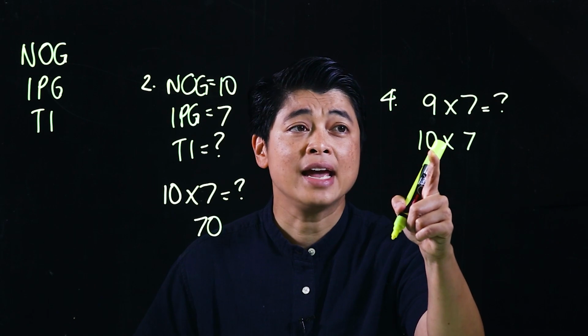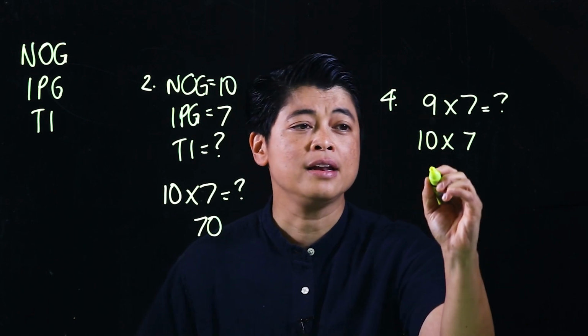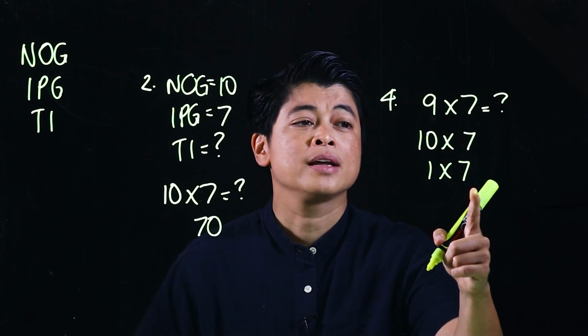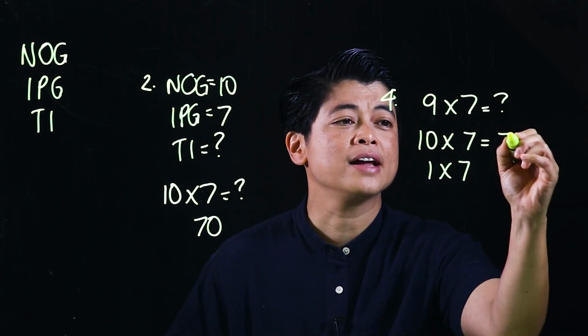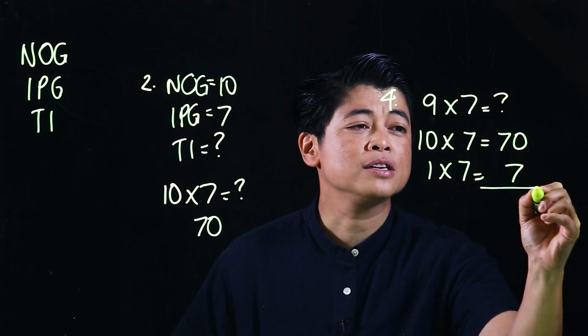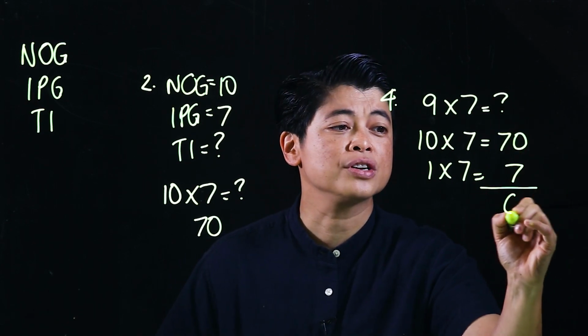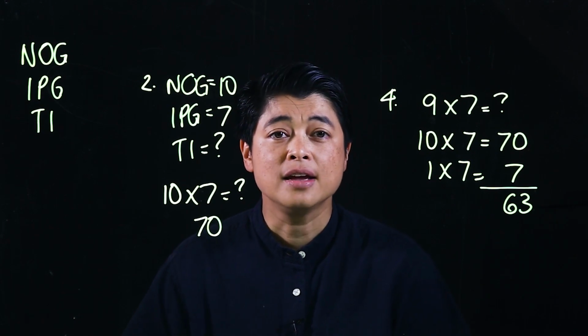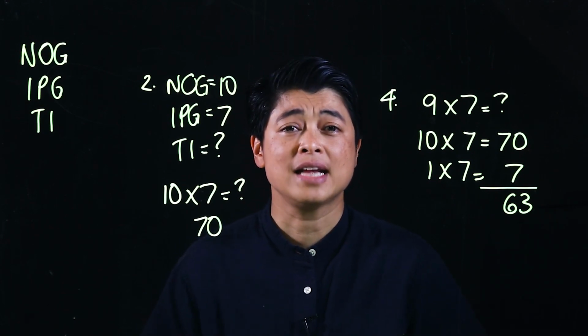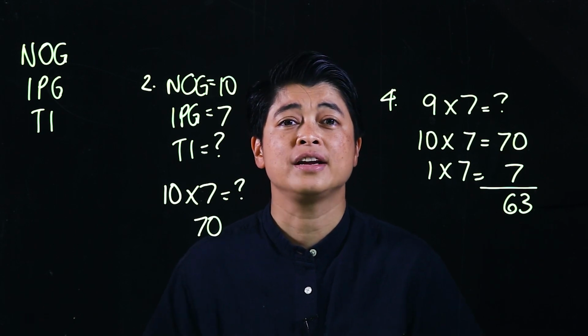But since 10 is 1 more than 9, we remove a group of 7. So this is 70 and this is 7, which means when we subtract these two, we should get 63, which is the same answer if they just counted by 7 until 9 fingers.